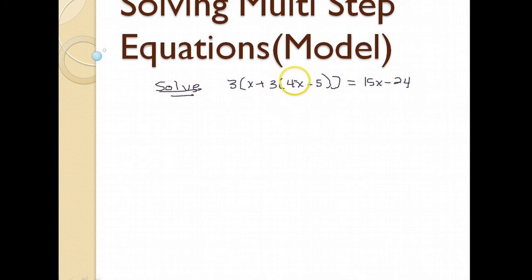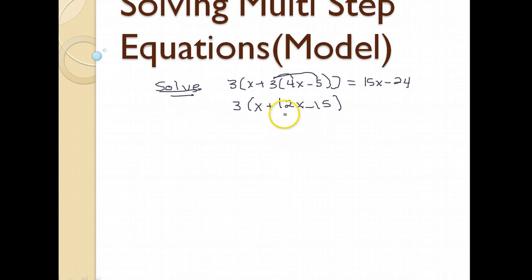Start from the inside and go out. So I'm going to distribute this 3. So this is 12x minus 15. Keep everything else. That allows me to drop that innermost parentheses.